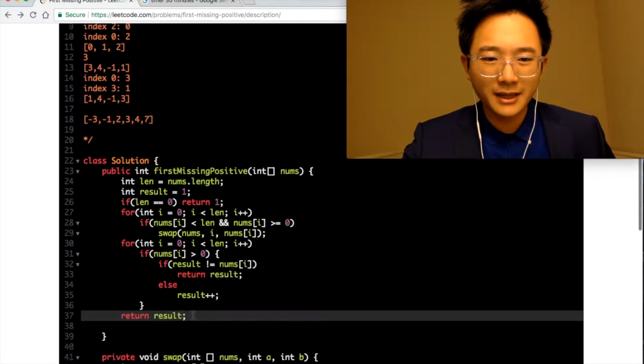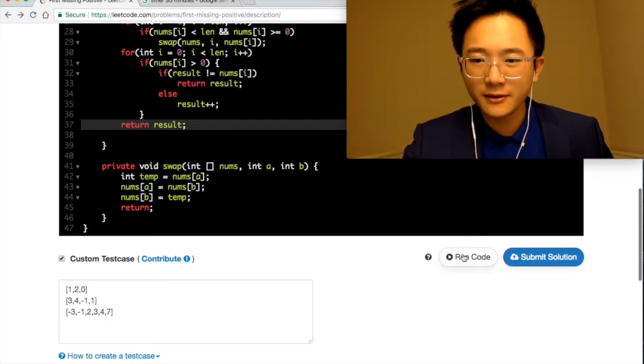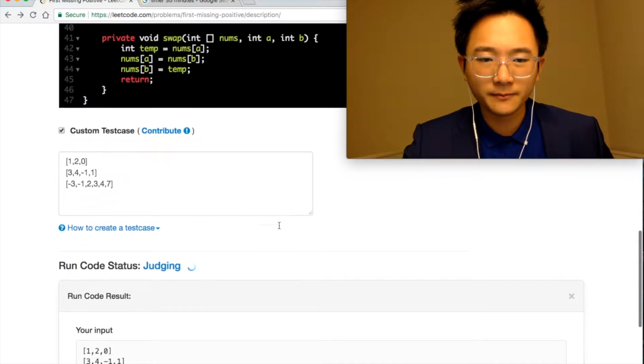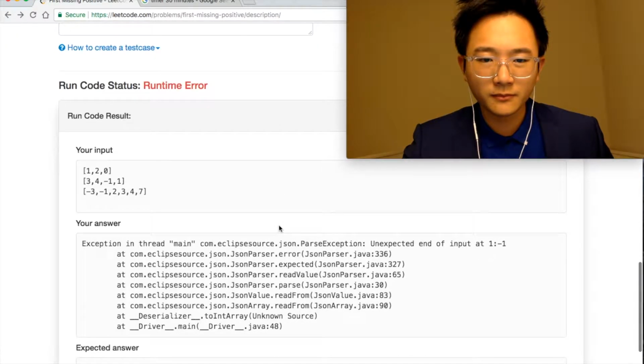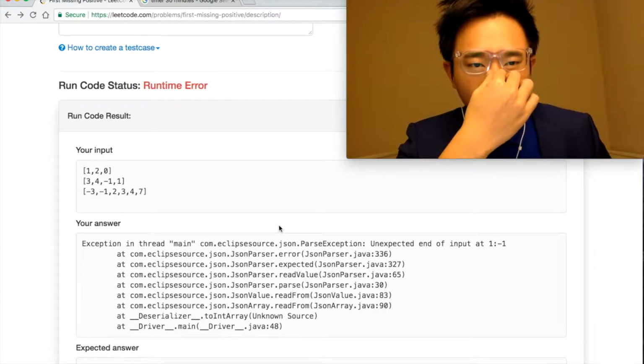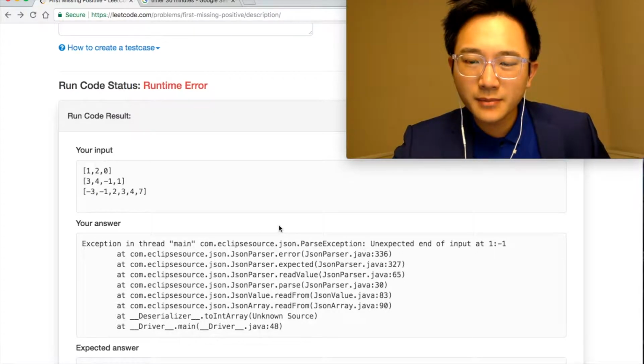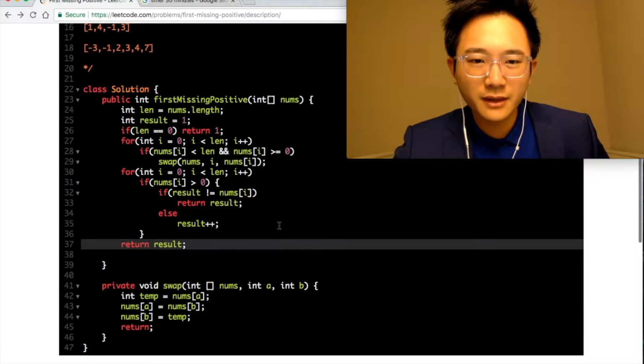Okay, so let me test it. Runtime error? Expected end of input. What is this?